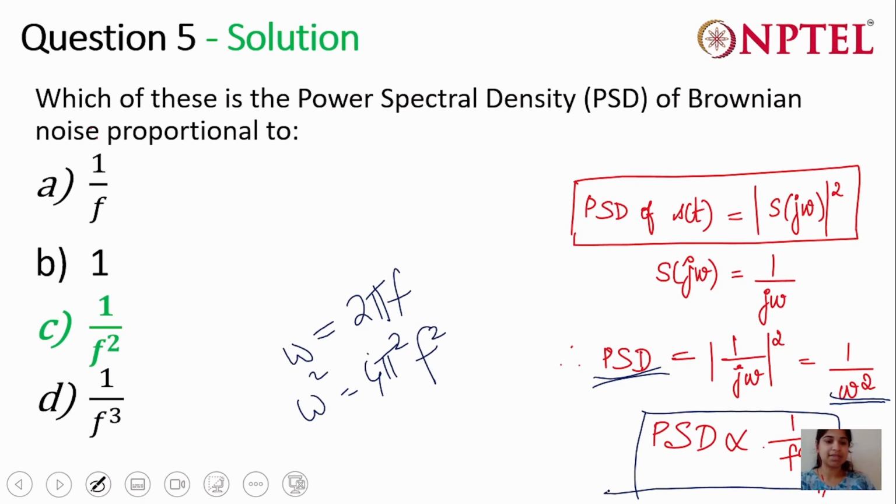So the answer is C, 1 by f square. Moving on.